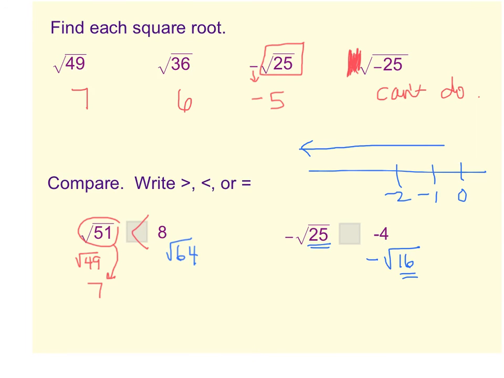So a negative square root of 25 will be less than a negative square root of 16. You also could say that's a negative 5 compared to the negative 4. That maybe would have been a more clear way. How does negative 5 compare to negative 4? Well, it's less than a negative 4. All right, and there is your intro video.